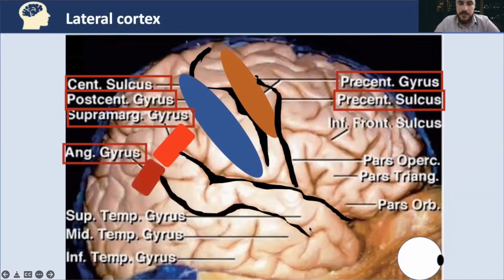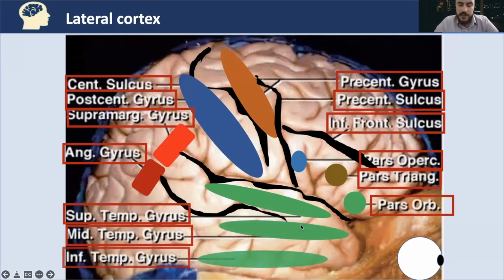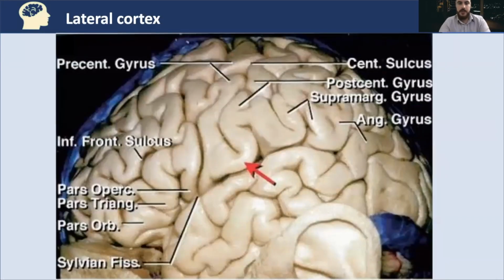And then we have the superior temporal sulcus ending with the angular gyrus over here. We have here the inferior frontal sulcus, and the inferior frontal gyrus has three parts, pars opercularis, triangularis, and orbitalis. This is the superior temporal gyrus between the Sylvian fissure and above the superior temporal sulcus, middle temporal gyrus, and inferior temporal gyrus.